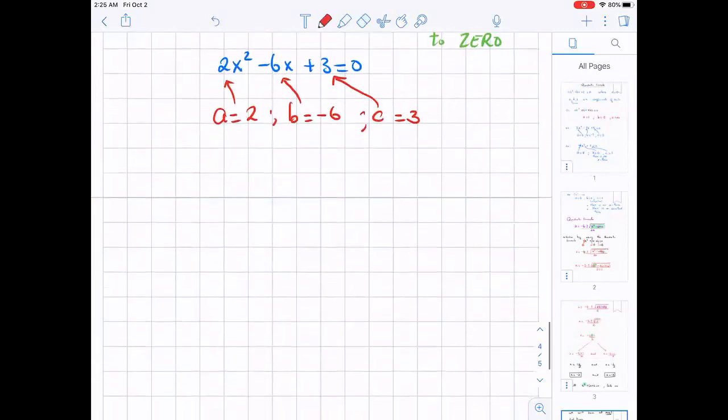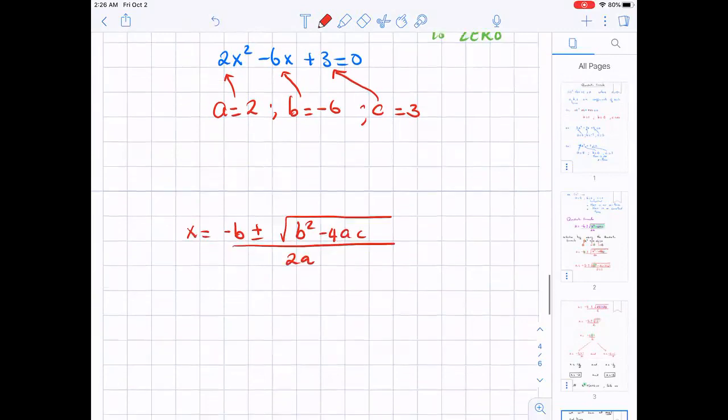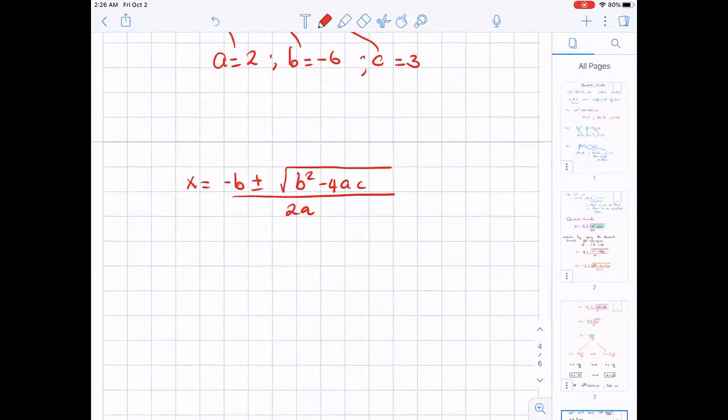So now we can apply the quadratic formula, which says that x is equal to minus b plus or minus the square root of b squared minus 4ac, everything over 2 times a. And we'll start plugging in now. So x is equal to minus, recall instead of b, I'm going to write minus 6. So we have a minus and then a minus 6.